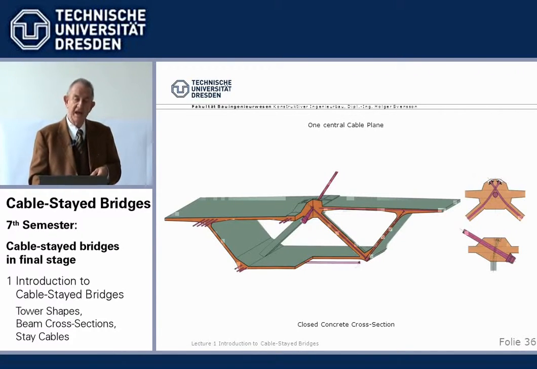Now if we have one central cable plane only, we, again, in concrete also need a box. Now, how to anchor the central cables to a box?